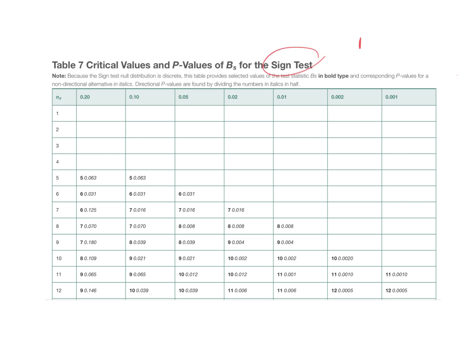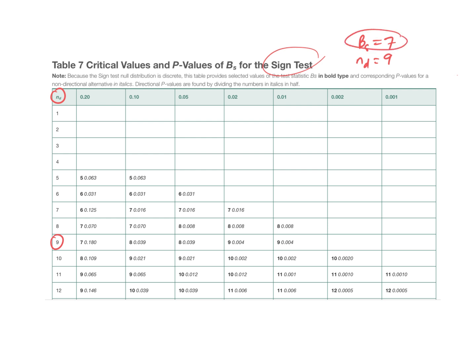And remember, we said B sub s was 7, and we said n sub d, the number of pairs, was 9. So we're going to have to go on the rows. We're going down to the 9th row because that's where the number of pairs is 9, like we have. And then we're looking for this test statistic 7.